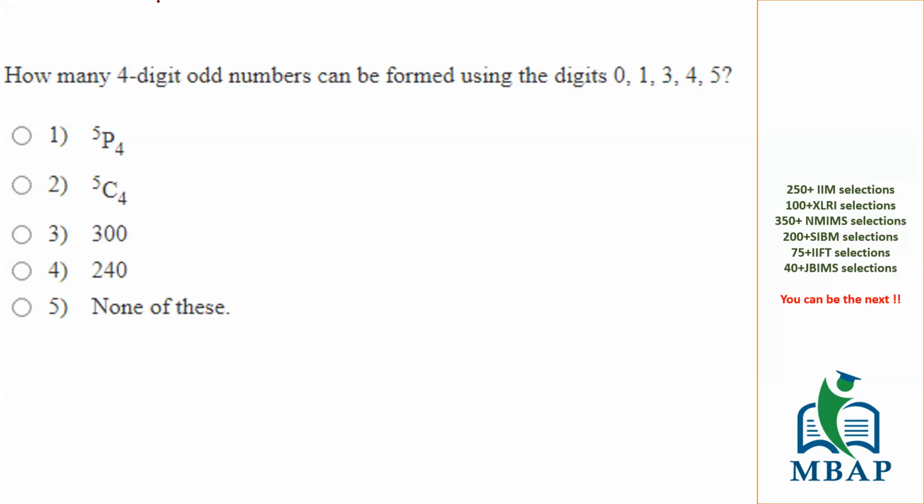How many four-digit odd numbers can be formed using the digits 0, 1, 3, 4, 5?